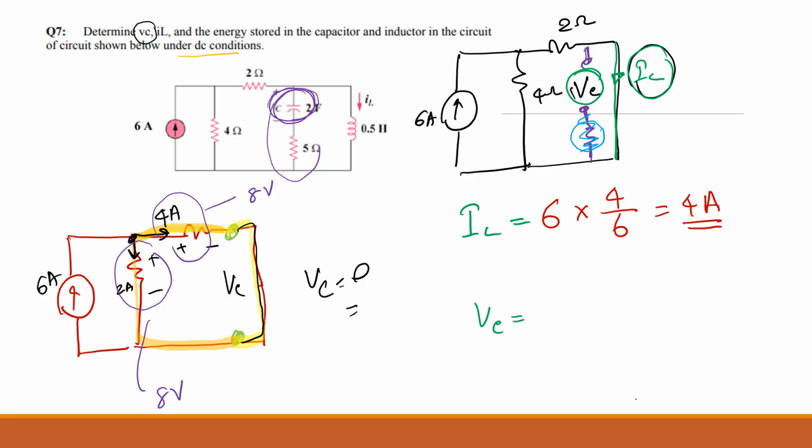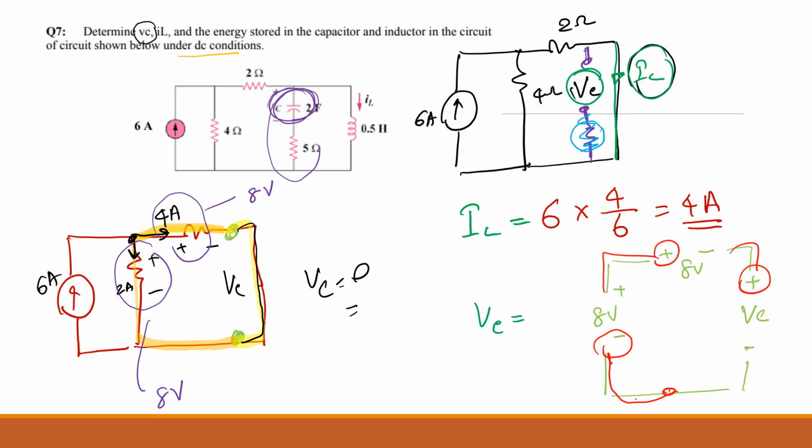Do you agree with me? So it's like this. You have plus and minus like this, and here you have 8 volts, and in this way you have plus and minus and 8 volts, and here you have plus and minus, which is VC. So if you apply the KVL around this, negative 8, positive 8, the 8s will cancel out, and still you get the VC as 0, isn't it? Make sense or not? Yeah.